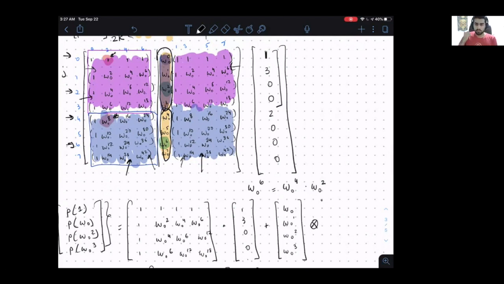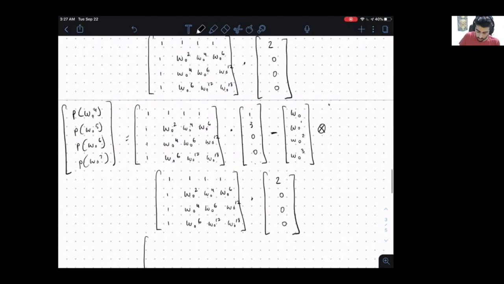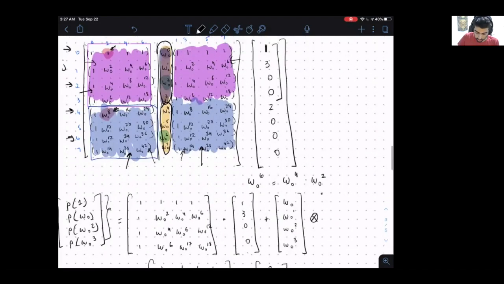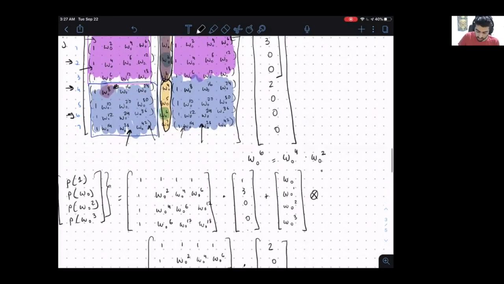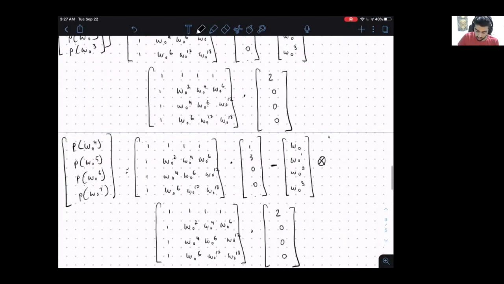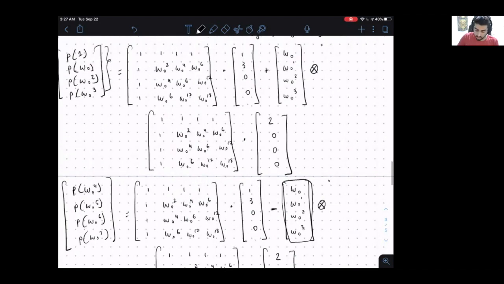So everything else is the same, except for these terms over here, and for these terms, the only thing we have to do to change them is convert this positive sign into a negative sign, because that's enough to get the right terms.